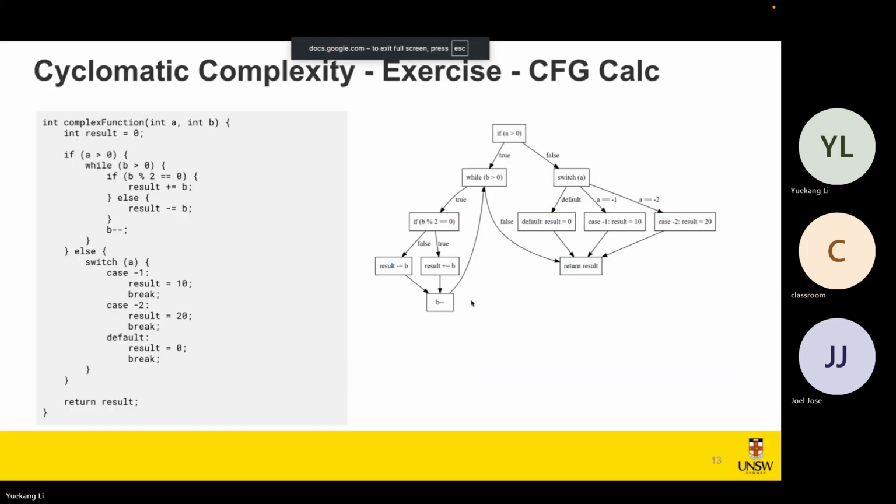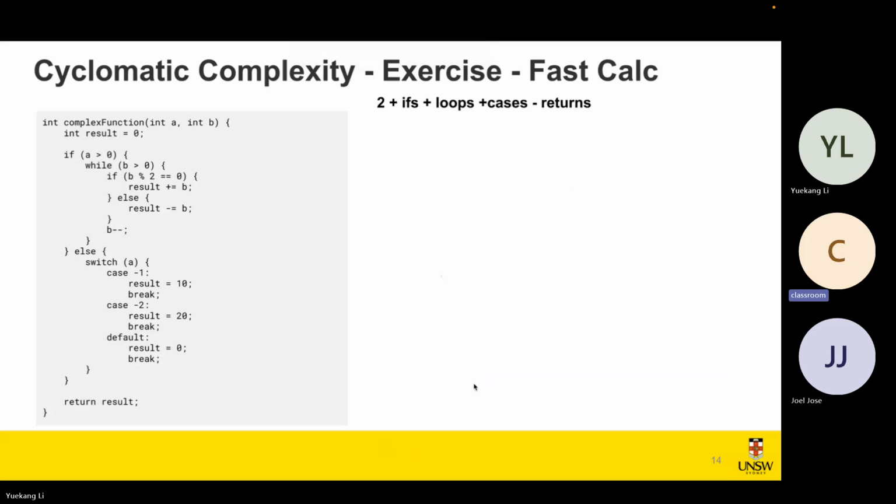First, let's use the control flow graph to check the ground truth, the correct value of the cyclomatic complexity here. The control flow graph is like this, and we just use the number of edges minus the number of nodes plus 2, and it should be 6. So now we know the answer is 6.